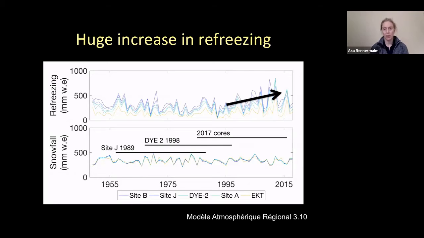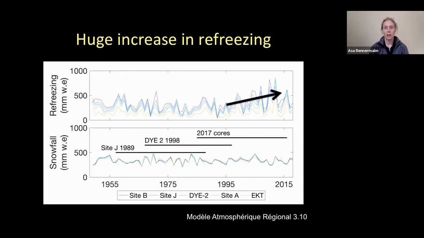And so that is impacting what's going on in the 2017 cores, but not so much the older cores, DI2 and Site J from 98 and 89, which I also call the legacy cores. So we would expect to see something very different, since all this refreezing is coming from meltwater being produced on the surface.